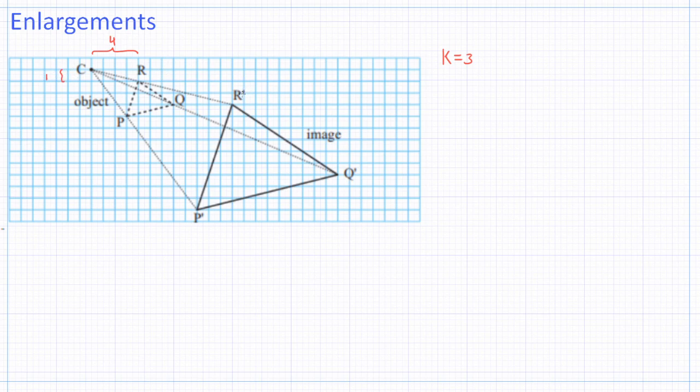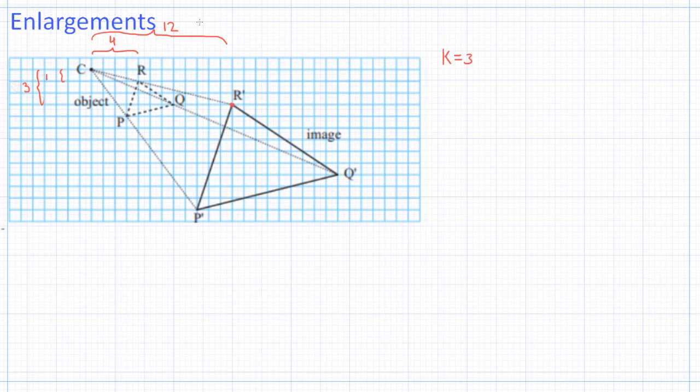If I'm looking for R prime, since my scale factor is 3, this new distance will be 4 times 3, which is 12. And this new distance will be 3 times 1, which is 3. So I can find my point R prime just by going 3 times.